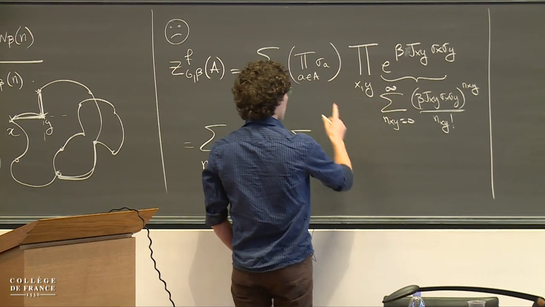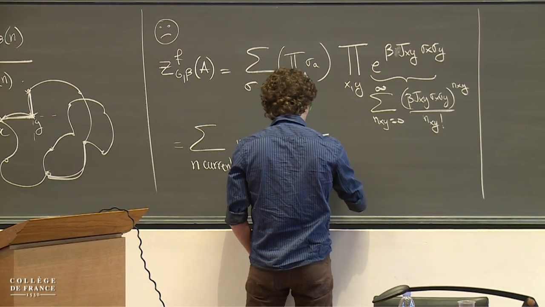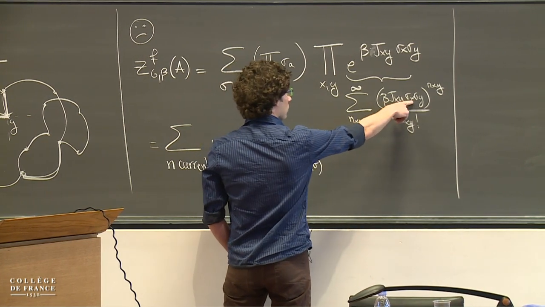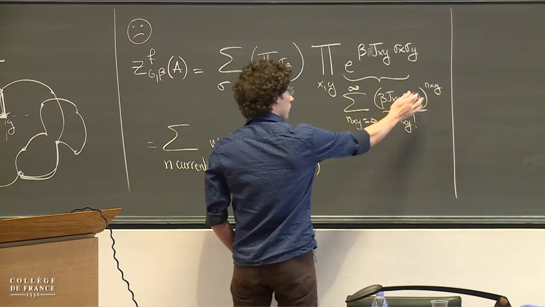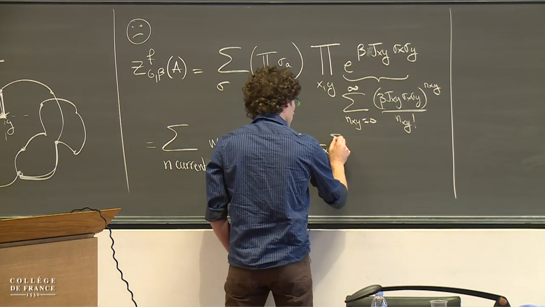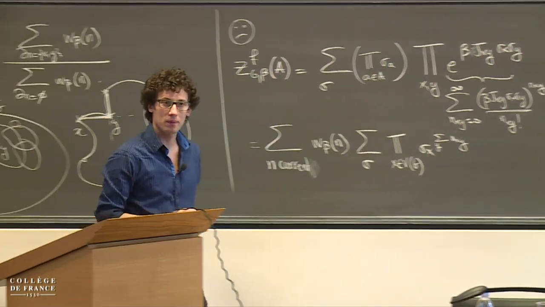And what depends on that? Well, you are going to have a product over x in your graph. Sigma x appears how many times? Well, it appears exactly for every y nxy times. So it's going to be the sum over y of nxy. Okay?